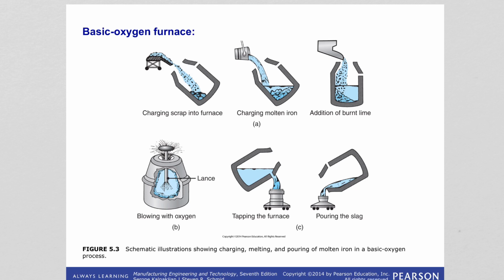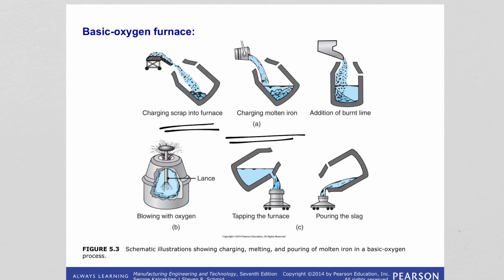The basic oxygen furnace is the fastest and by far the most common steel making furnace. 200 tons of molten pig iron and 90 tons of scrap are charged into a vessel.